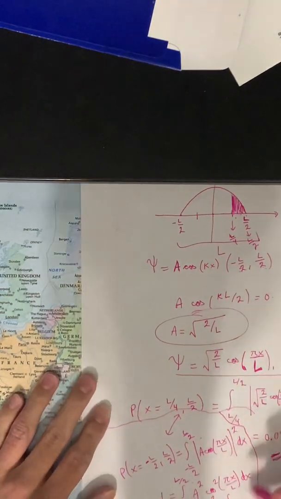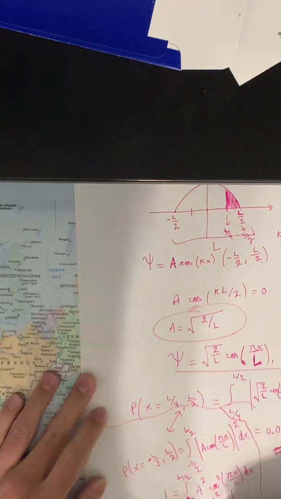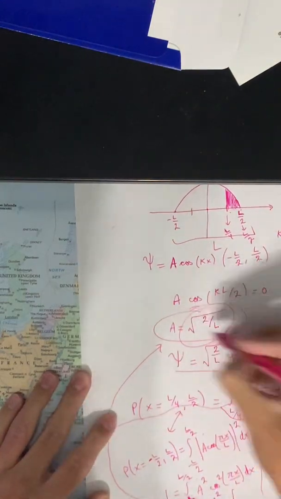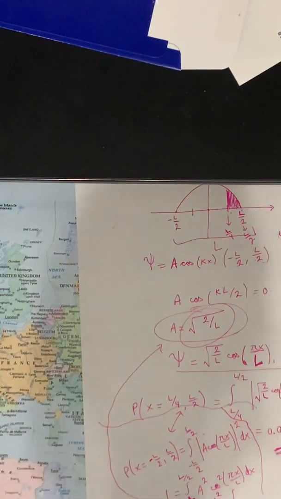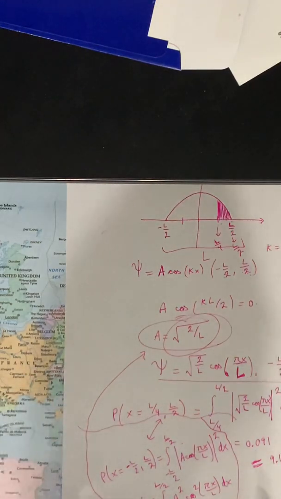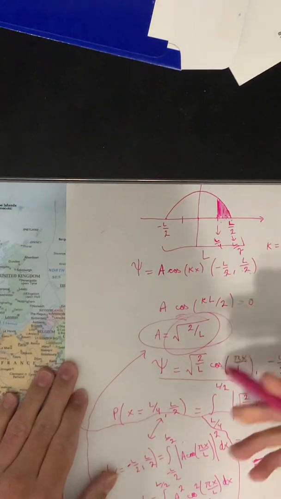And that's how we ended up finding this a squared, because we would have to take the square root of it, and that's why we got this square root of 2 over L. And so it's important that we find that a, so that we have the full and fully accurate and descriptive wave function that we can use to find the probability density of finding it in that last quarter of the tube.